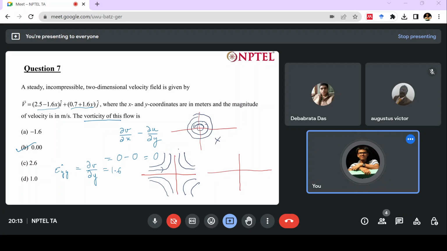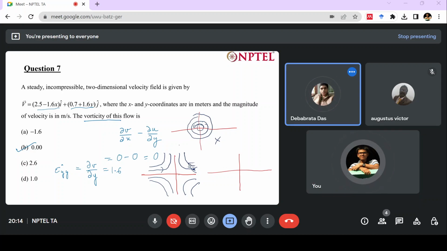Is the second case possible? The second case is actually very much possible because in this region, the velocity will be in the negative x direction, and in the positive y direction there will be a positive y component also. So something like this.